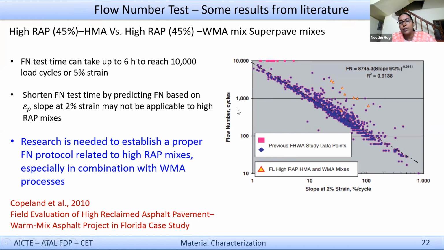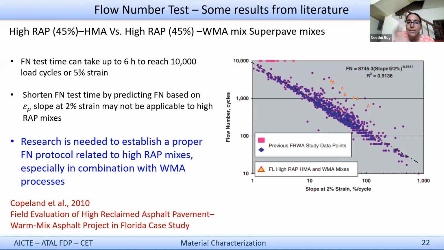So they have found out that there is a certain correlation between this 2% strain and the flow number value, and they have established a relationship. But in this particular study, when they used this high RAP, they tried to fit the same thing in this relationship, and they say that it doesn't fall in that region. Which means that using a 2% strain and trying to fit it with flow number is not going to work if your RAP percentage is different.